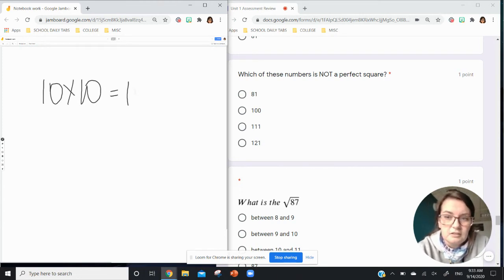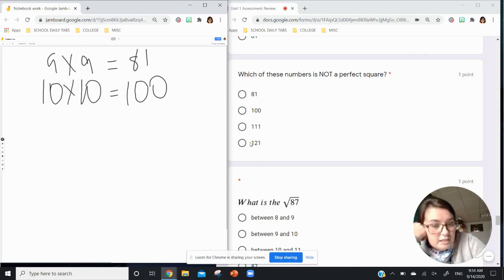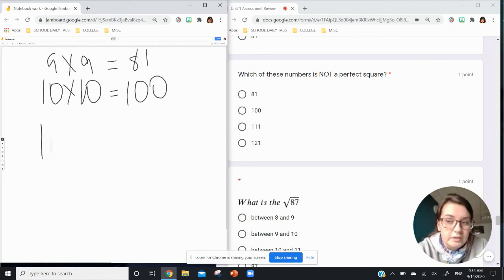Sorry, that 10 looks a little weird. Okay, so I know that 9 times 9 is 81, and 10 times 10 is 100, but maybe you're not sure about these two. Well, they don't look that far away from 100, so let's try 11 times 11.